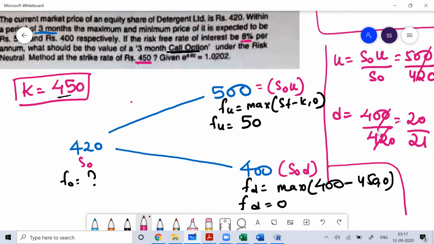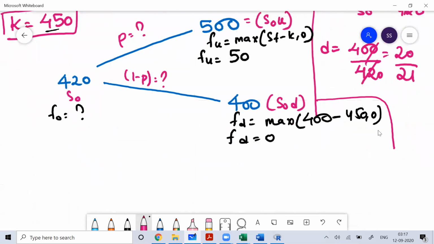So ultimately you just need to find the value of probability, and the other one would be 1 minus p. So how to find the probability? Already I have told you the formula of probability in the past: p equals e to the power rt minus d, divided by u minus d. This is the formula of p.